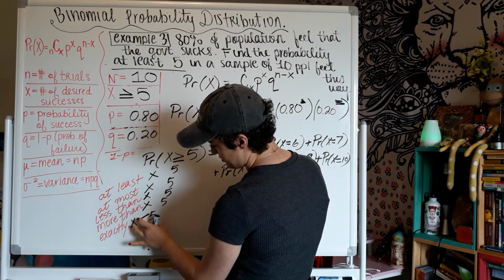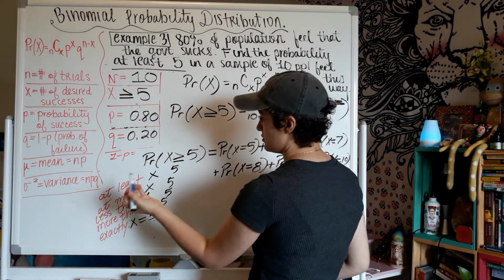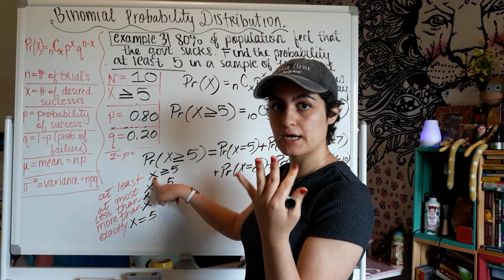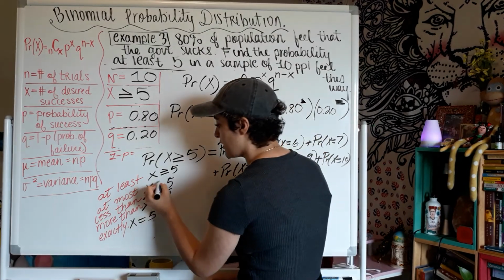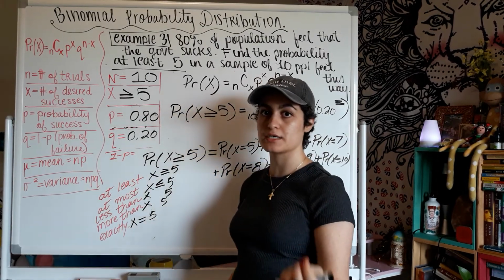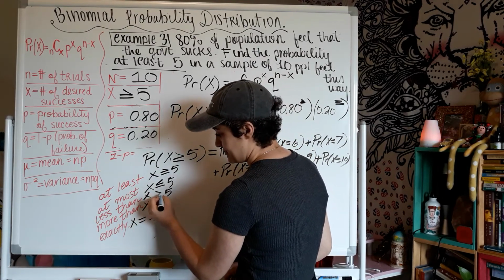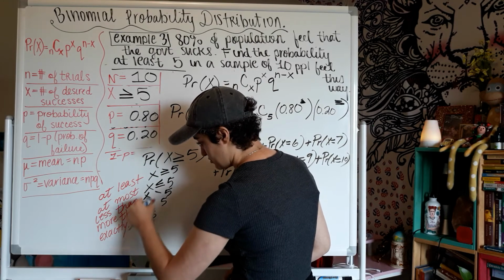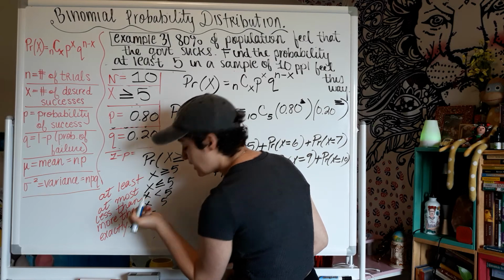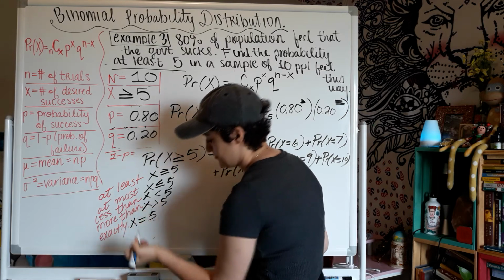If it needs to be at least 5, it'll just be at least 5, because this way 6, 7, 8, 9, 10 are satisfied. At most 5, because 5, 4, 3, 2, 1, and 0 are satisfied. Less than 5. More than 5. Okay.